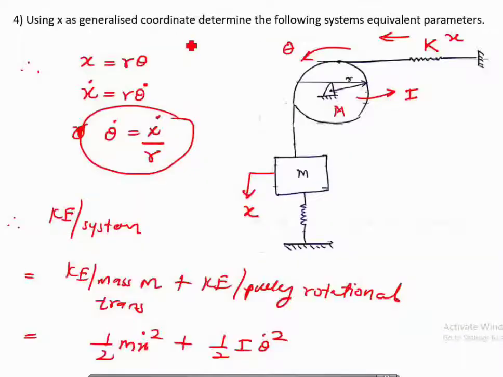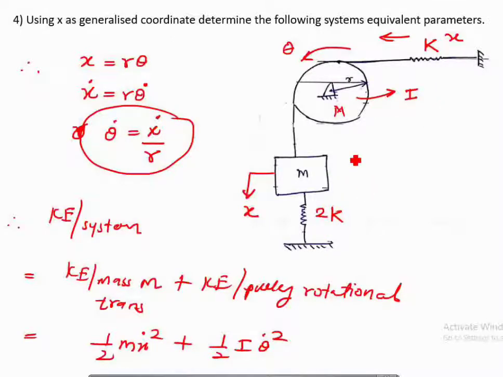Okay, so next, the potential energy of the system. Now the potential energy of the system is also very easy. How many springs do we have? Let's go back to the problem. We have two springs. Let us say this spring has a stiffness 2k and this spring has a stiffness k. In this problem it is not given, so I have assumed it as 2k and k.